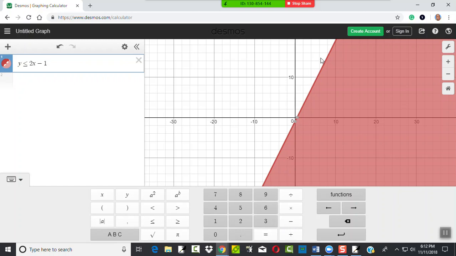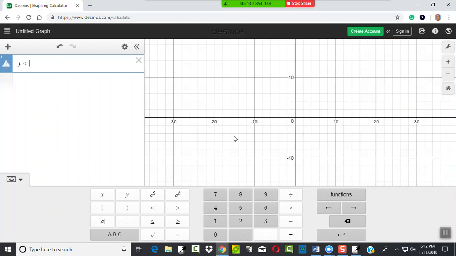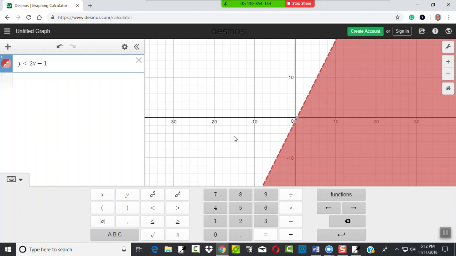This is a solid line and it's shaded to the right, and this would be your answer. Now notice instead of a less than or equal to, let's put a less than there. The difference is, when there's a line underneath, it's a solid line. When there's no line underneath your inequality symbol, it's a dotted line or dashed line.